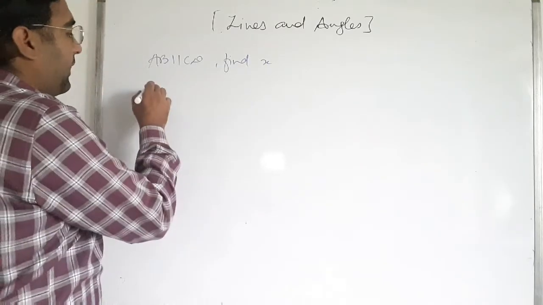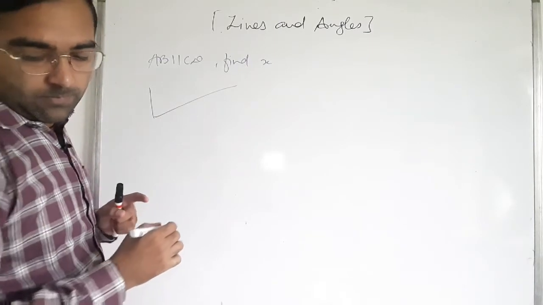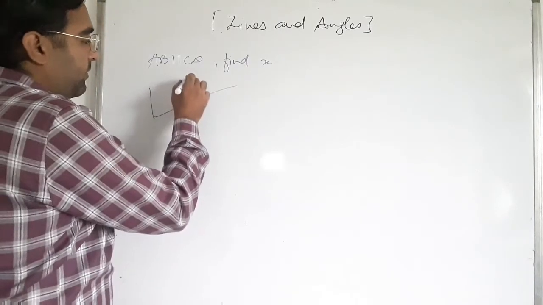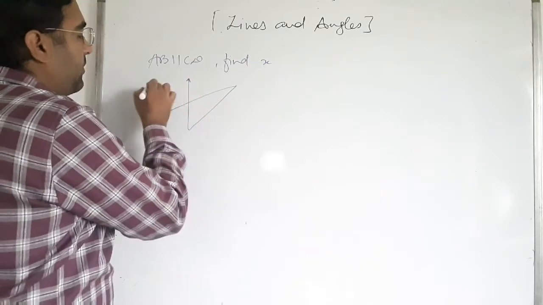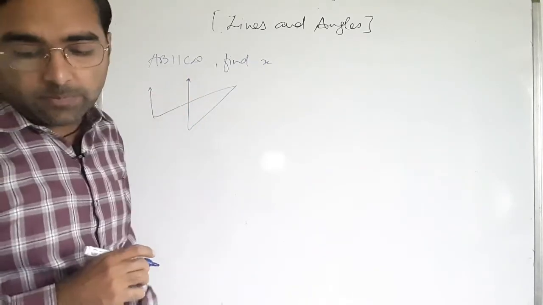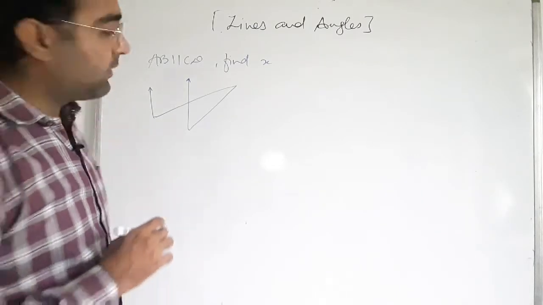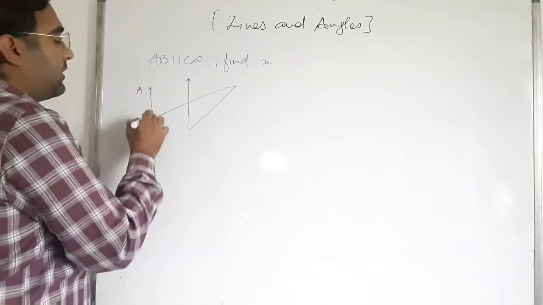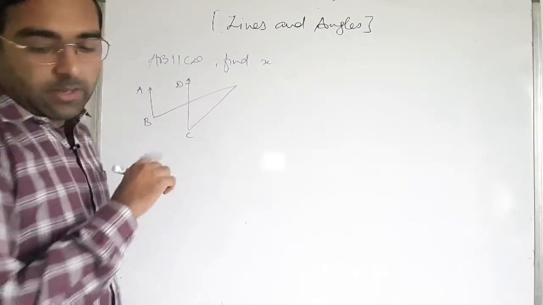So the figure is given like this. This is my AB and this is my CD.